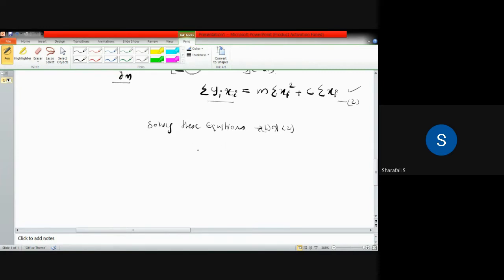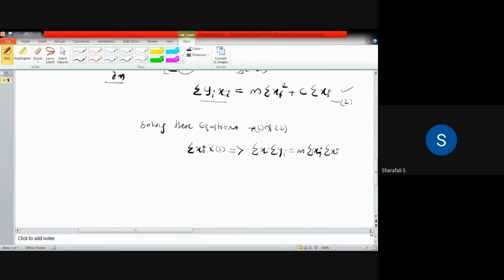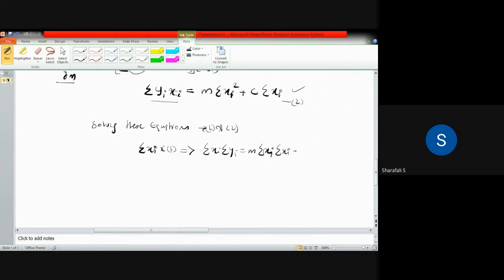First, you multiply sigma xi with equation number 1. That will give you sigma xi sigma yi, equal to m into sigma xi squared, plus nc times sigma xi.